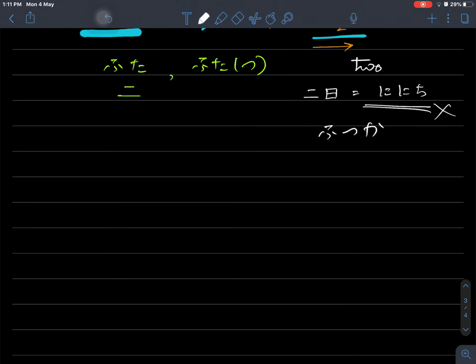But usually, 2 days, they don't use the onyomi logic of two kanjis appearing together. For some reason, they don't use it and they call it futsuka, both of which are the kun readings of it. So please bear that in mind.